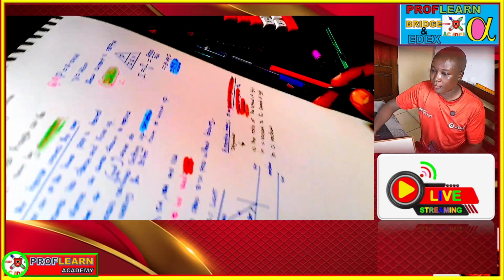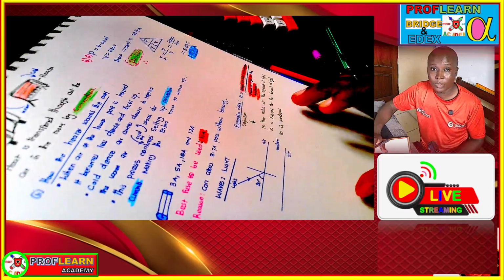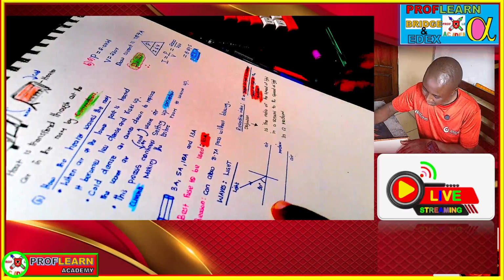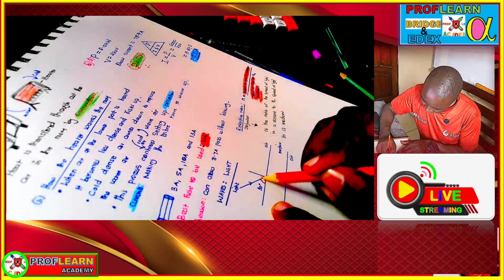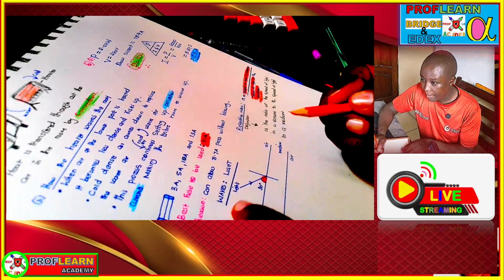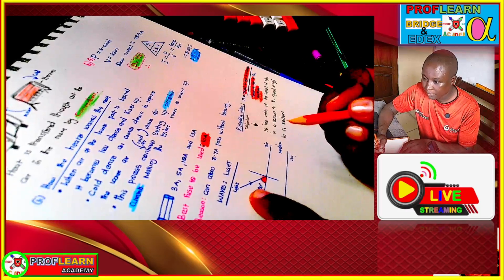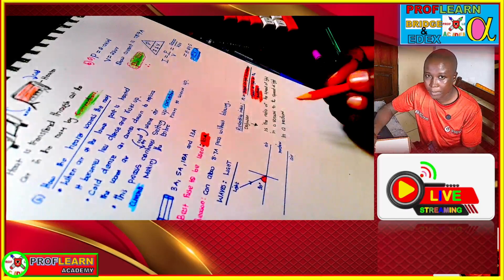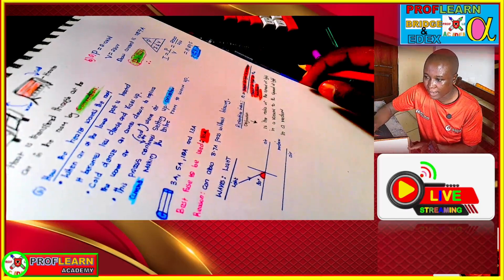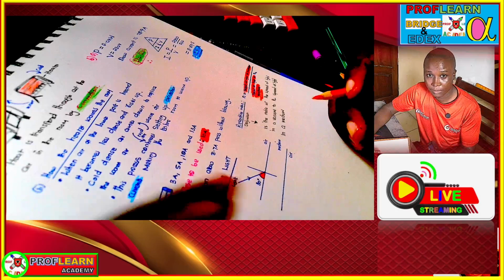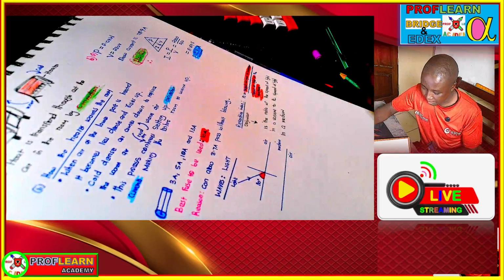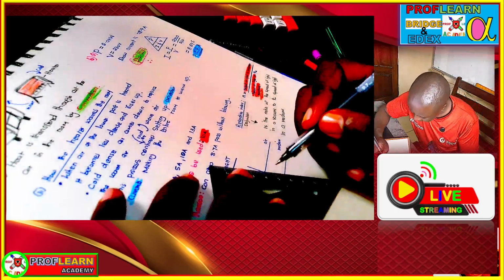So if we really want to work out the refractive index of this medium, remember refraction occurs when a wave is moving from one medium to another. This is going to happen because the speed of light is going to be affected as it's moving from one medium to another, and the bending is going to take place at the boundary.